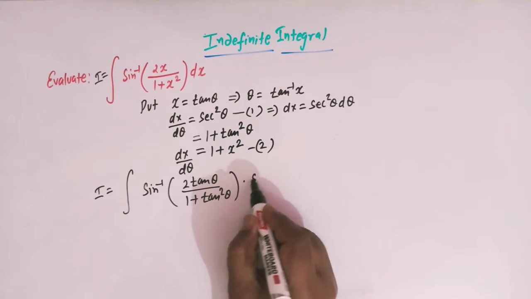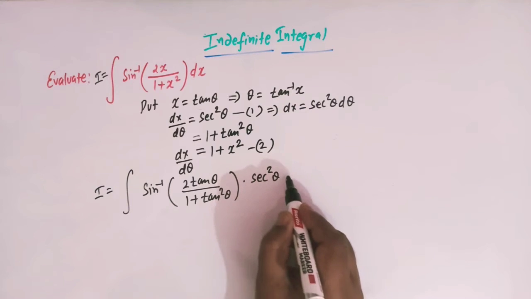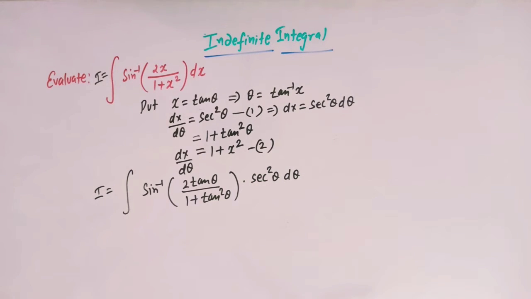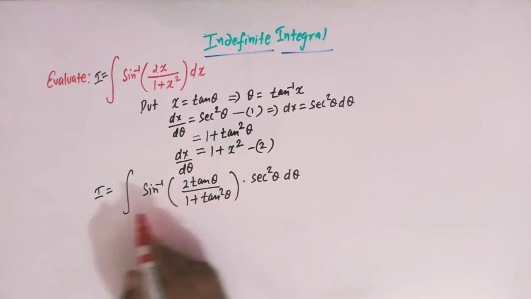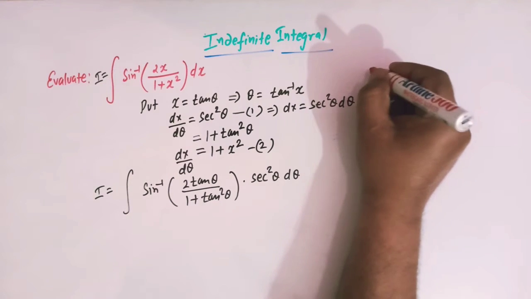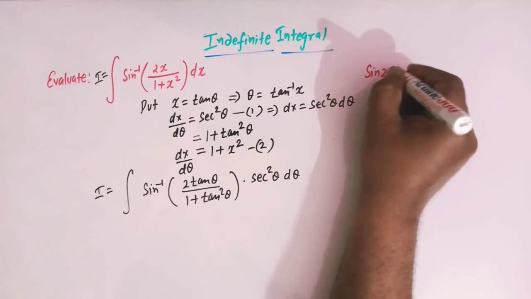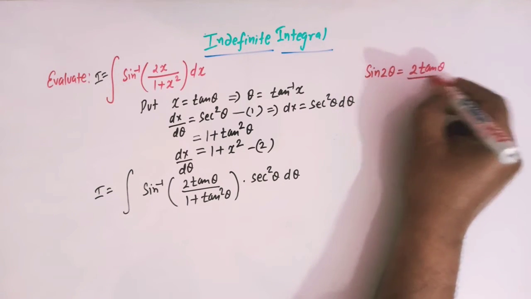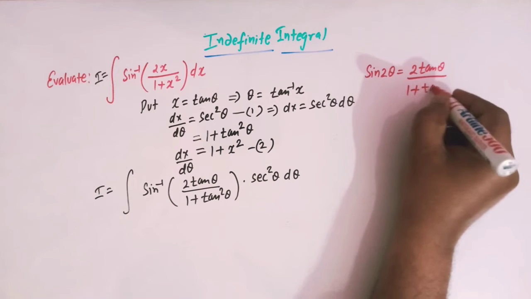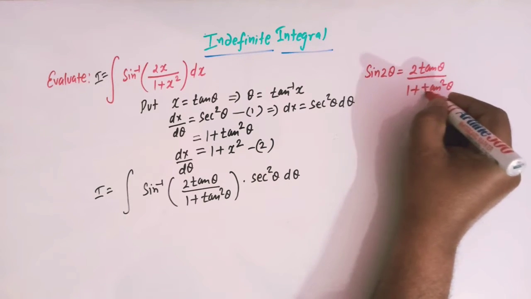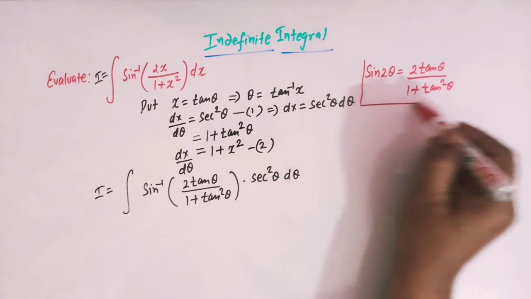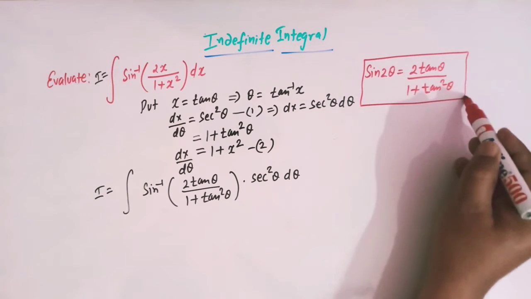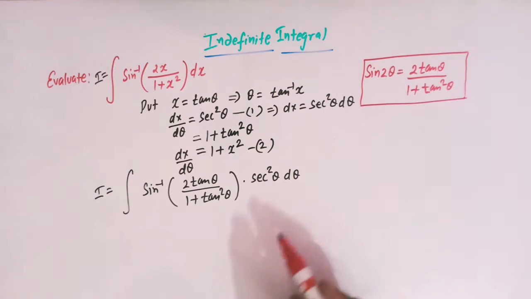Now here we will make use of an important relation from trigonometry, that is, sine 2 theta is equal to 2 tan theta divided by 1 plus tan square theta. So this is an important relation between sine 2 theta and tan theta.